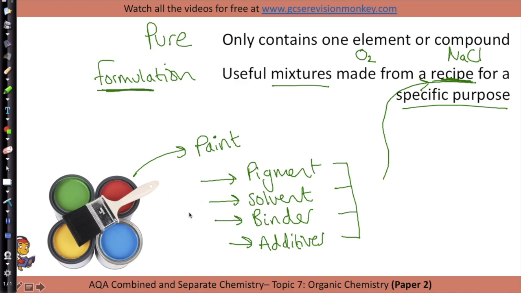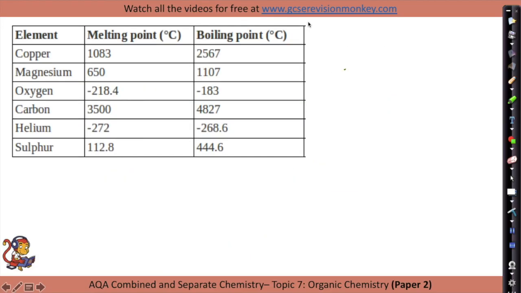to make a paint with a very particular purpose. The way we can recognise a pure substance is by their melting and boiling points, because we have standard tables available to us which show us the exact boiling point and melting point of pure substances.